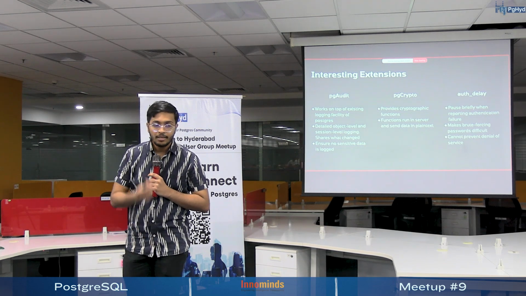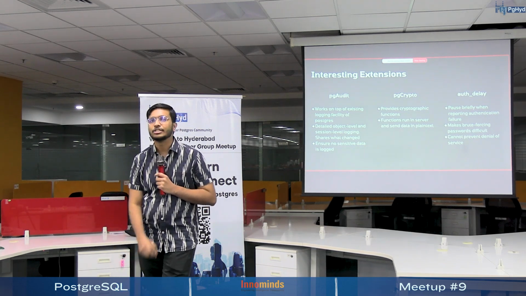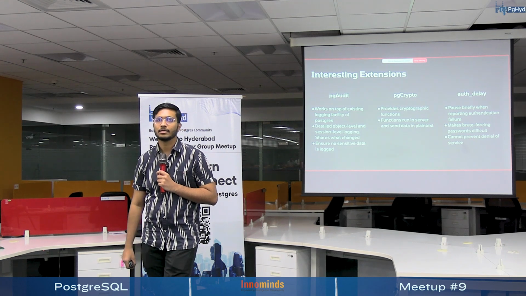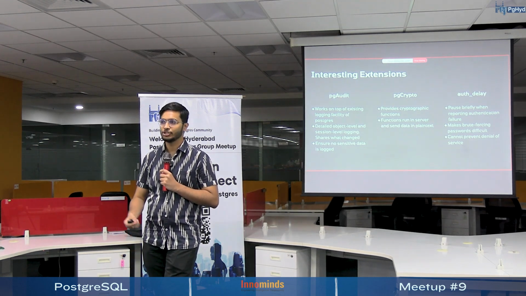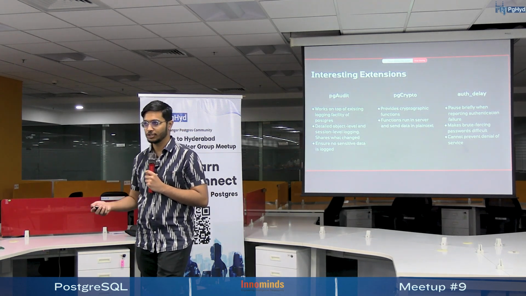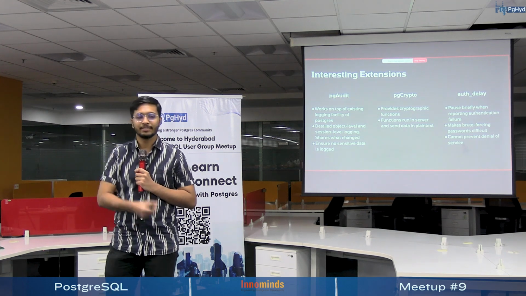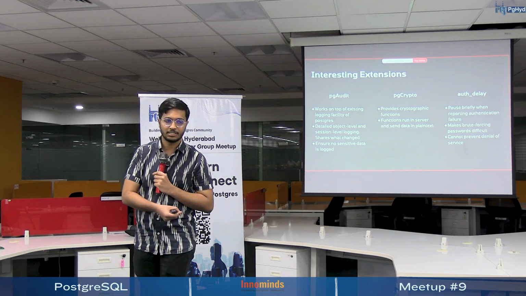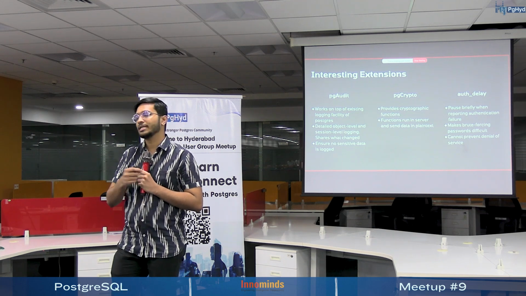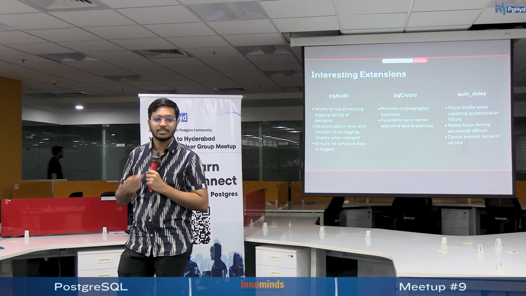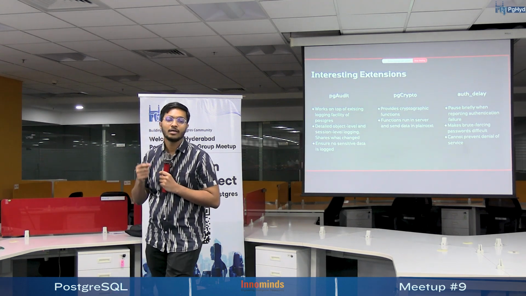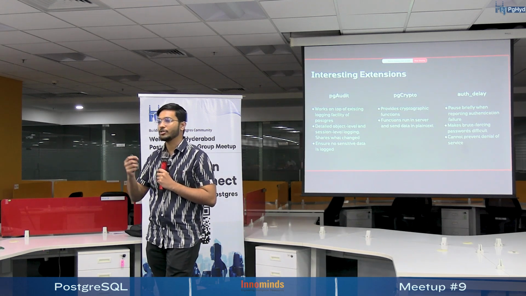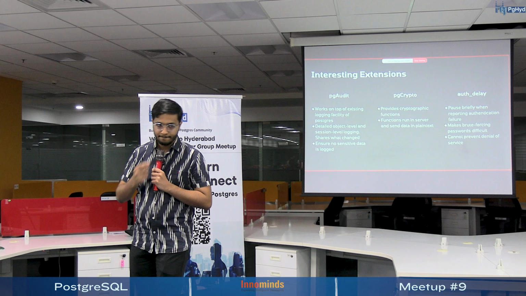PG Crypto is an extension that allows you access to some cryptographic functions. If you want to hash something at database level, you can use PG Crypto. If you want to encrypt something, you can still use PG Crypto. The only downside that I think about this extension is that those cryptographic functions are running in the server, not your database functions this time.